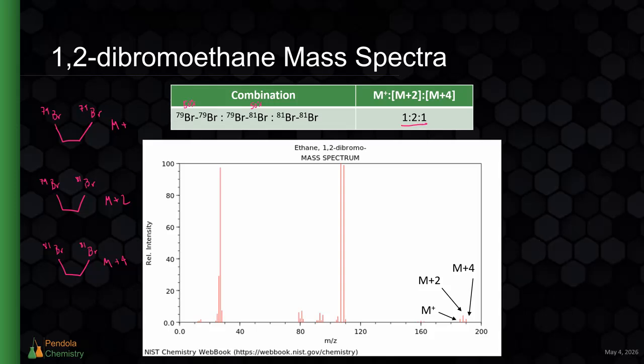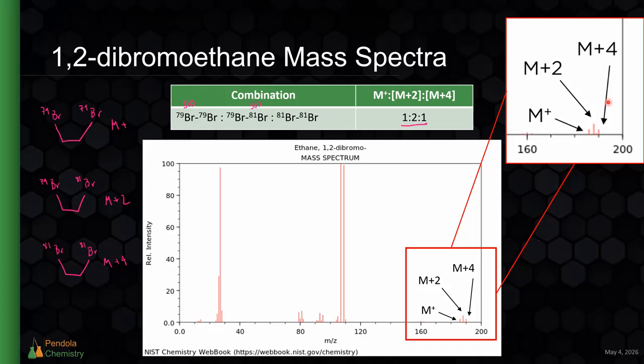So if we zoom in here, they're very small, but these have to be the M plus, M plus 2, and M plus 4 because they're so far to the right from these bigger peaks. But you can see that 1 to 2 to 1 ratio in this mass spectra.